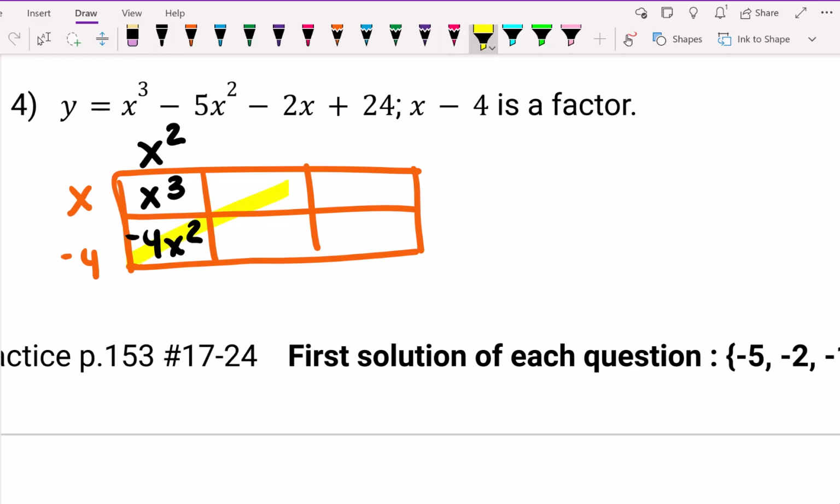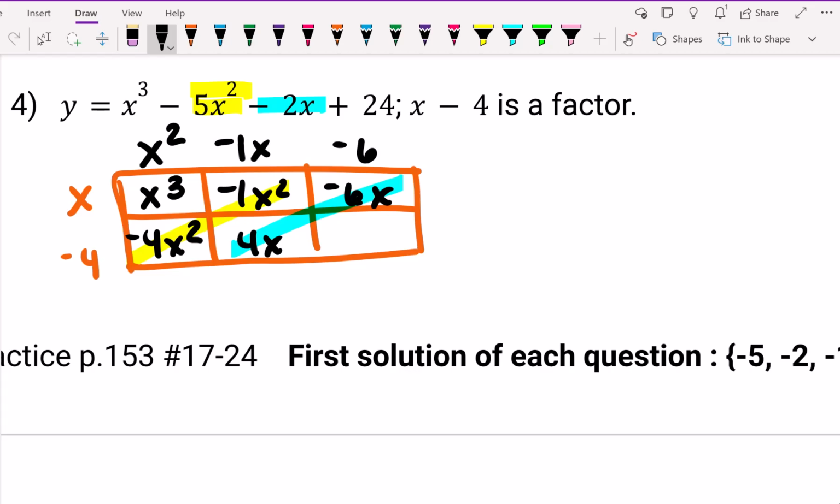I have to be careful to add to make sure that everything adds up to what I'm dividing into. So that's going to be negative 1x, and then that's 4x. These have to add up to be negative 2x. Okay, backwards again, and as long as we've done everything correct, look at that, it matches up.